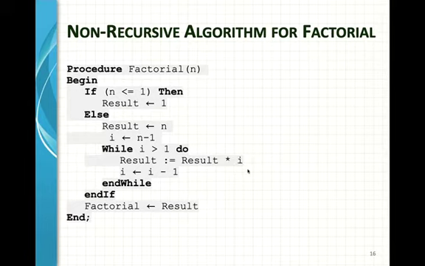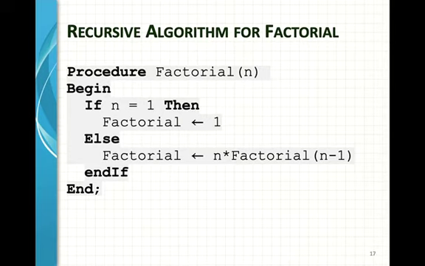So 20 into 3 is 60. This is the non-recursive way, that is the looping concept of the algorithm, and this algorithm performs the operation of factorial.